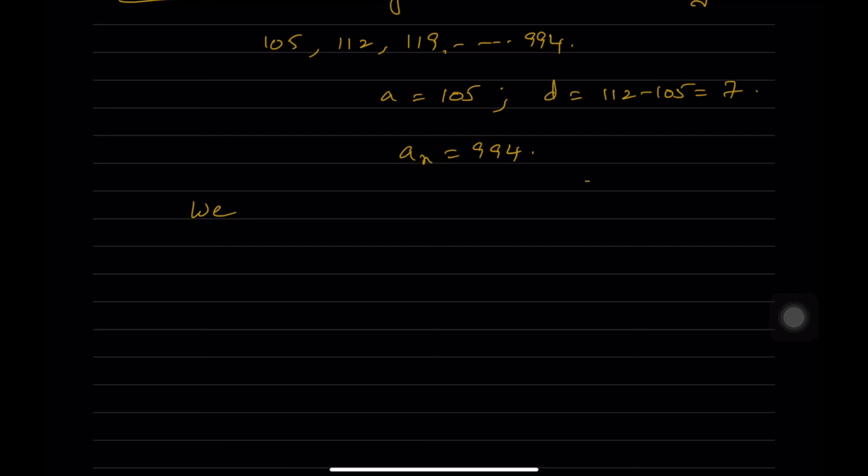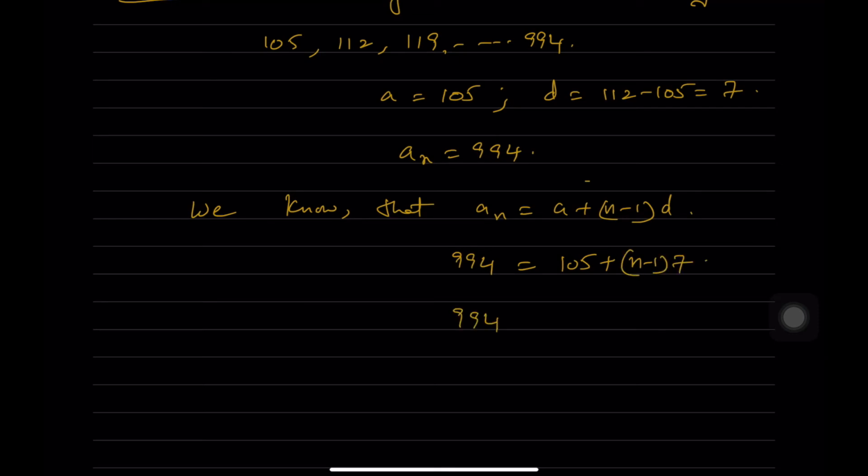We know that an is equal to a plus n minus 1 into d. So that is 994 is equal to 105 plus, we have to find out n, how many terms are there here, n minus 1 into 7. So 994 minus 105 is equal to n minus 1 into 7.